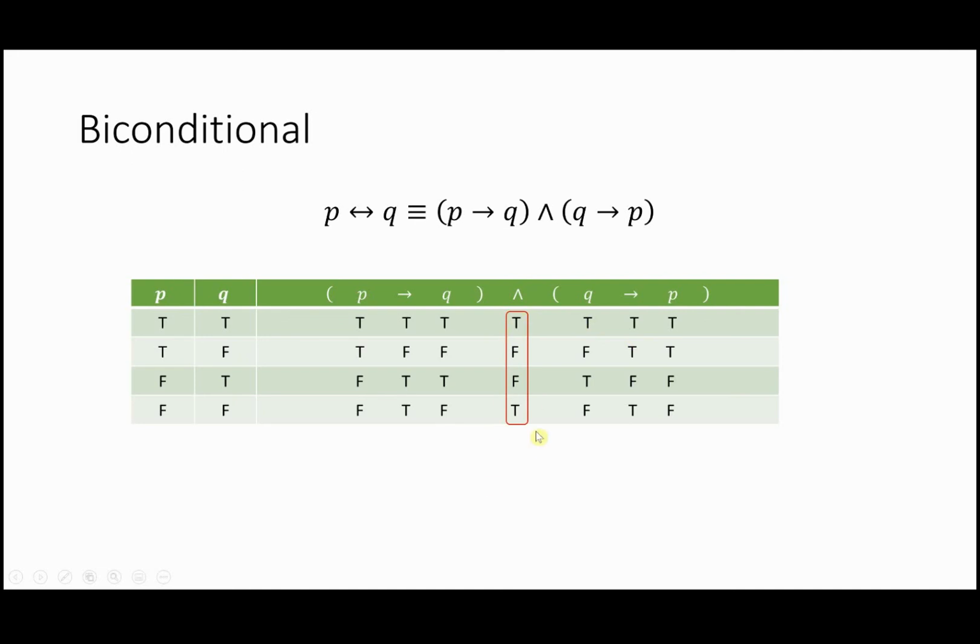So the truth value combination for the biconditional in general is T, F, F, T. So consider the combination of T's and F's in the P and Q columns and then come up with the rule for it. The way that I think about it is, for the biconditional, either both components are true or both components are false.